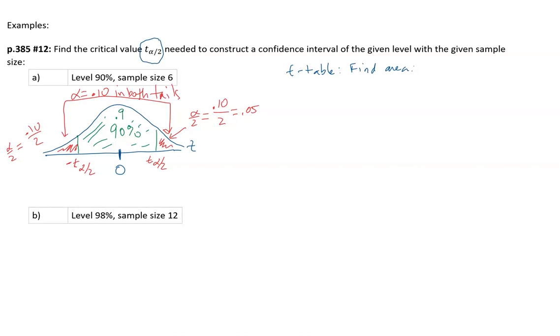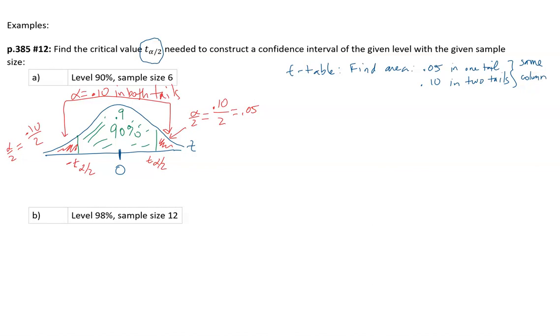And so the top row is area in one tail. So you could look up 0.05 in one tail, and that's going to be the same as 0.10 in 2 tails. Right? That's really saying the same thing. It's the same column on the table. So that's the column we want to be in.